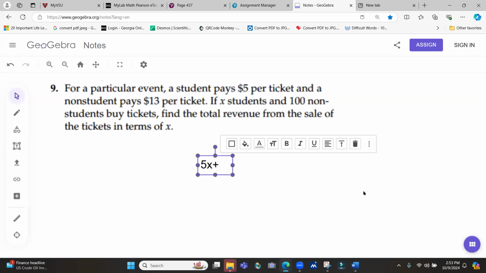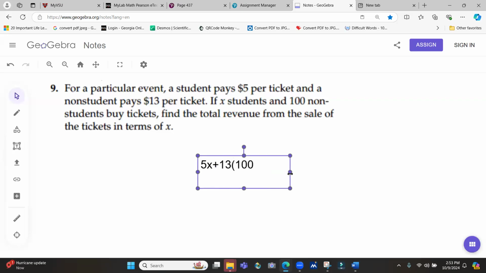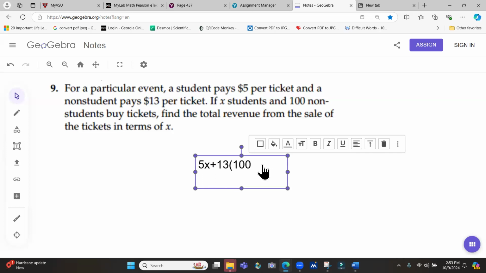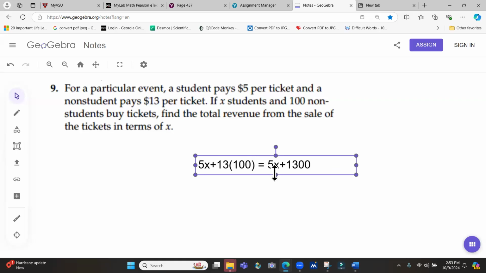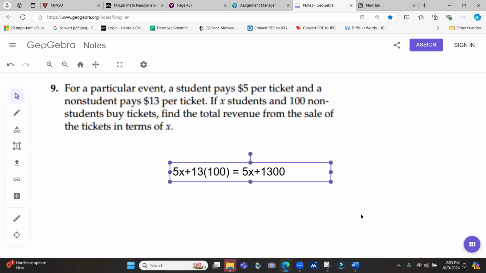And I have 100 non-students, and each of them will pay 13. That's what I'm getting, guys. Total amount of money. This is the amount they're going to receive, whoever is selling the tickets: 5X plus 1300, and it's a dollar amount. Done.